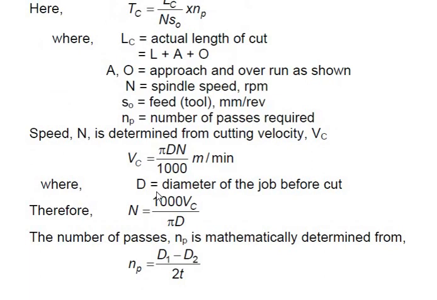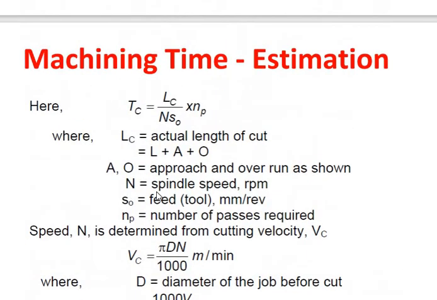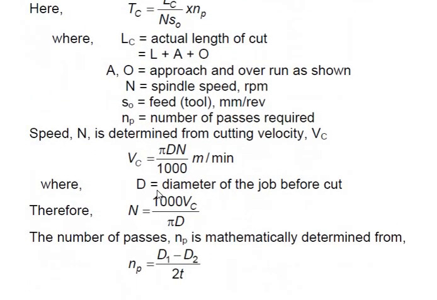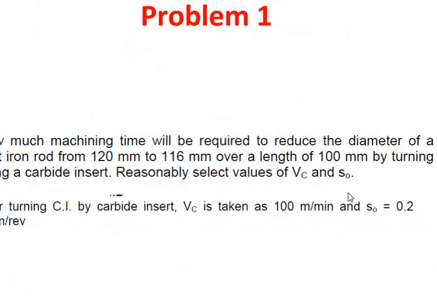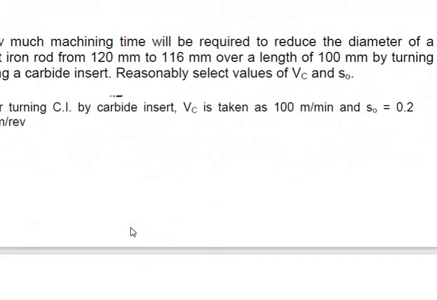That is velocity, and So is feed in mm per revolution. For turning cast iron by carbide insert, Vc is taken as 100 meter per minute and So is 0.2 mm per revolution.